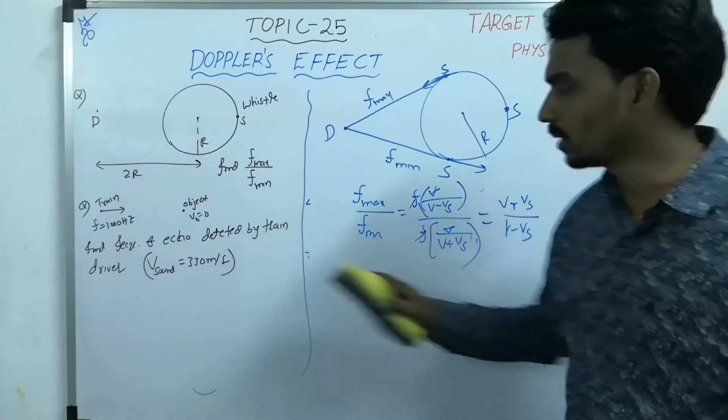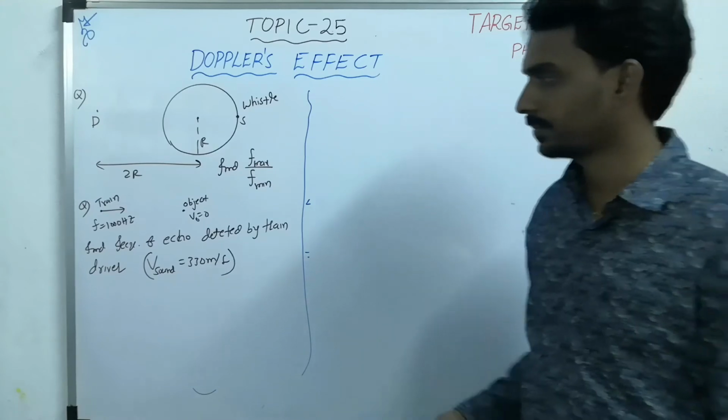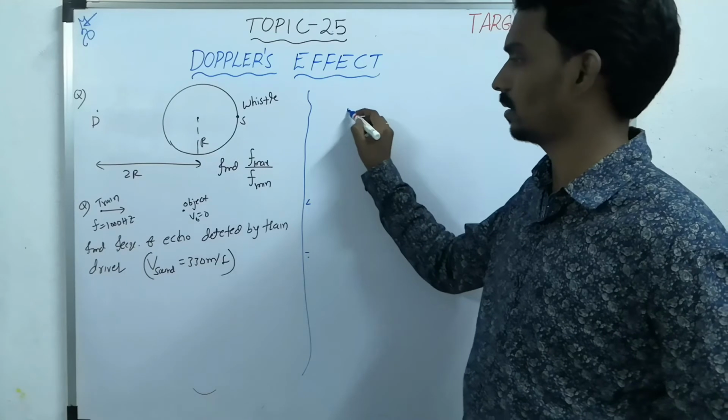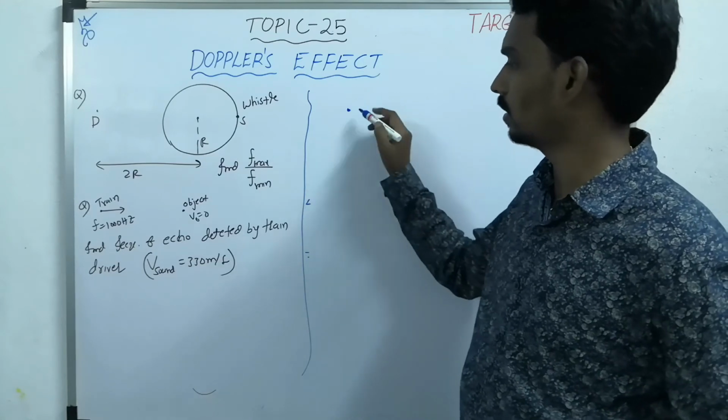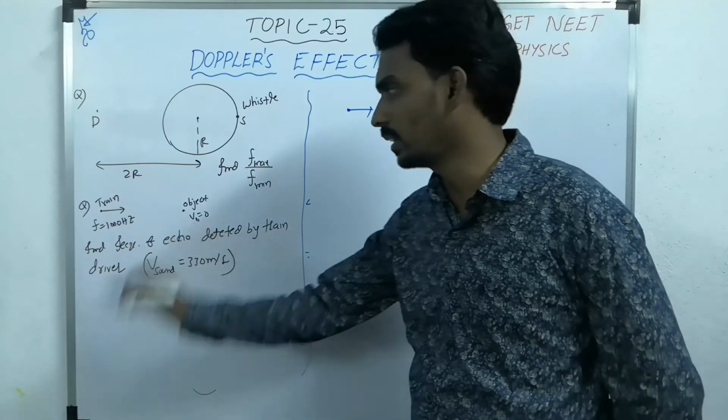Then similarly take this one. Here one train is moving at some speed.